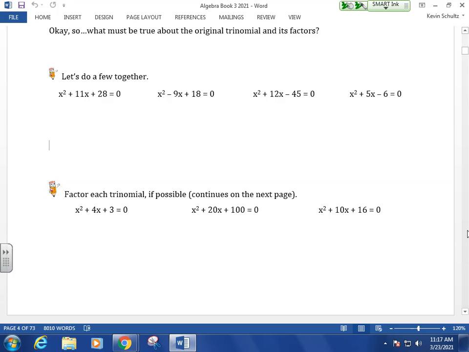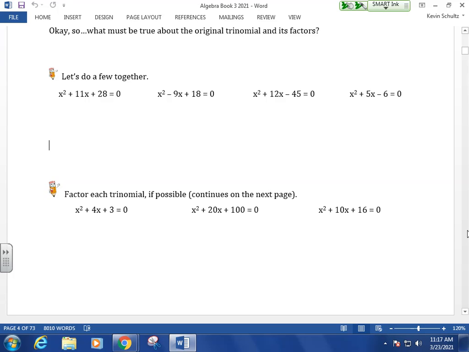Because if you find the ones that add up to be 11, they might not be factors of 28, and I would be doing that for a while, right? Is there an end to the numbers that add or subtract to make 11? No. 8 plus 3, 10 plus 1, 15 minus 4, 100 minus 89, right?